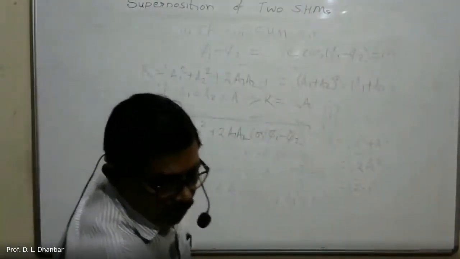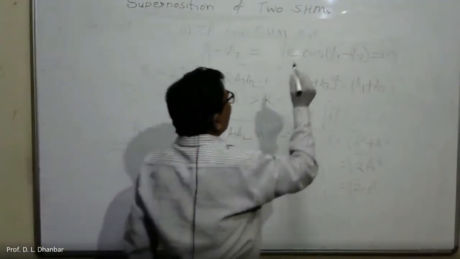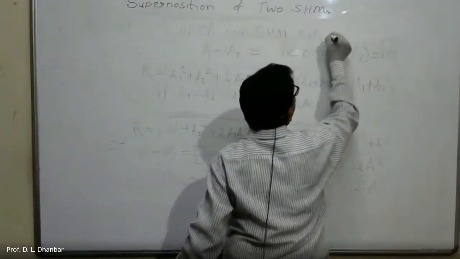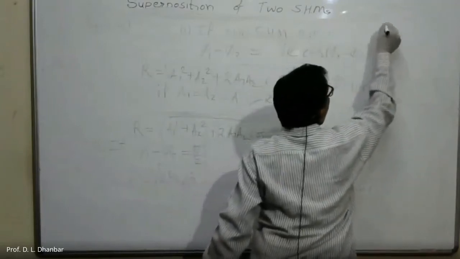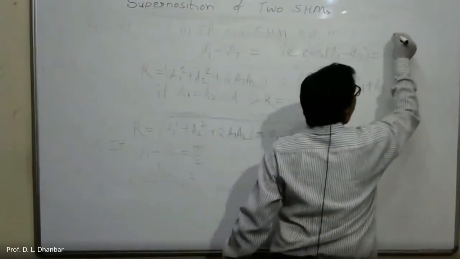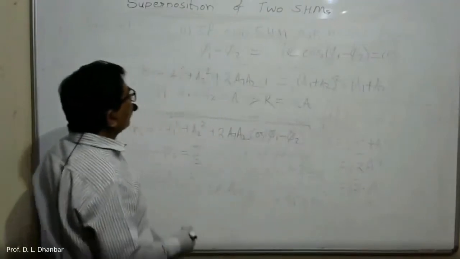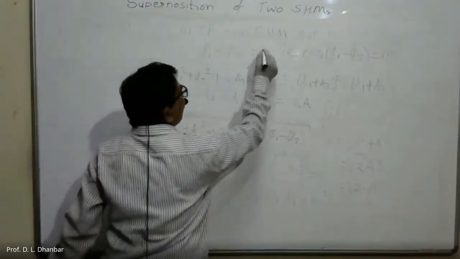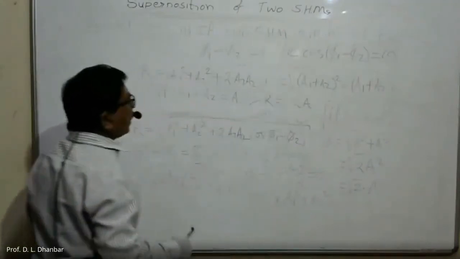Suppose two simple harmonic motions are out of phase, then phi 1 minus phi 2 is equal to pi.